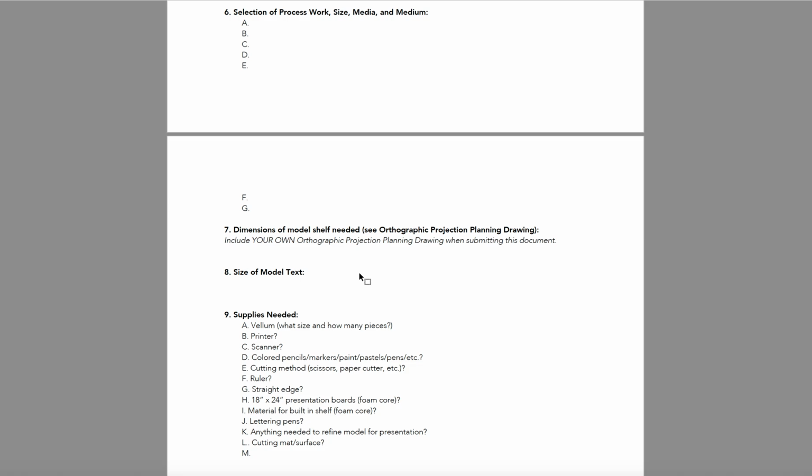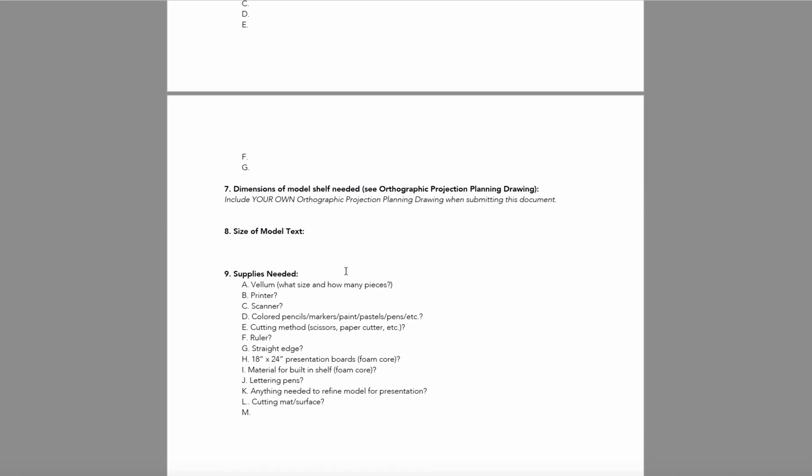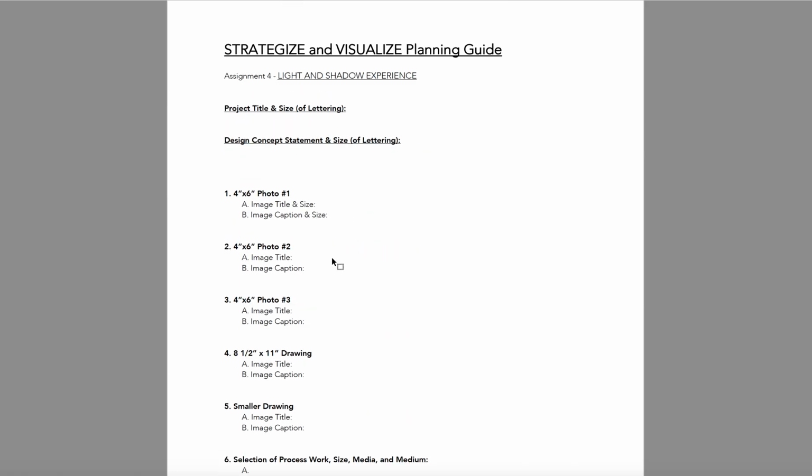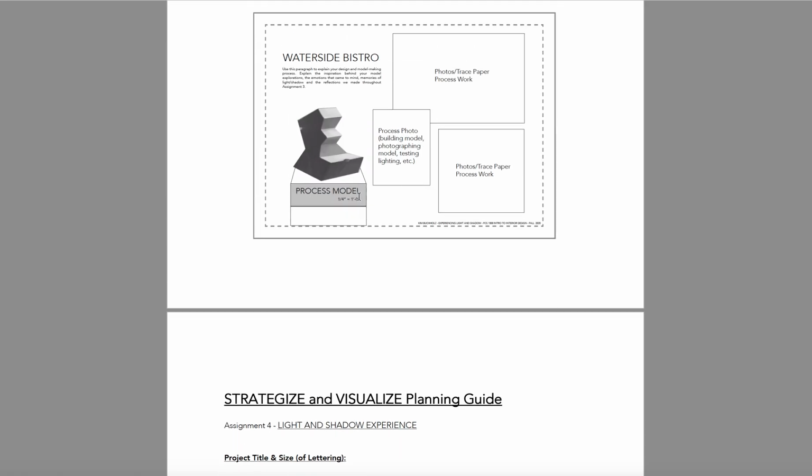So there's an orthographic projection planning drawing that you can go from. You might just have to change dimensions to suit your own needs. And then on the front of that shelf, you will write something like process model and scale 1/4 inch. So think about how big you would like that to be. And there is an image of what that would look like right here as well.